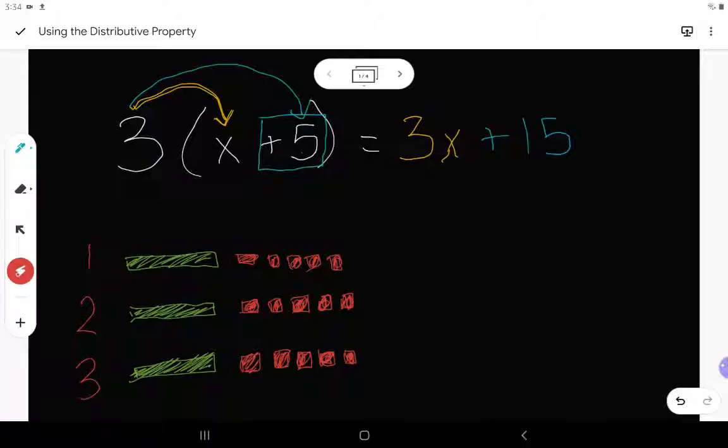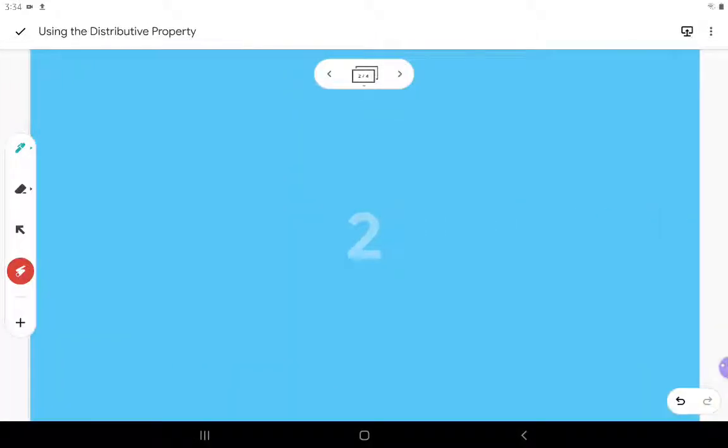And if you look at how many we drew in each group, there was 5, 10, and 15, because there were 3 groups of 5. 3 groups of 5 is just 3 times 5. So really all that's happening is everything inside the brackets gets multiplied by what is in front. And that is the distributive property. Distribute that number that is in front to everything inside the brackets. It means everything inside the brackets gets multiplied by that value in front of the brackets.